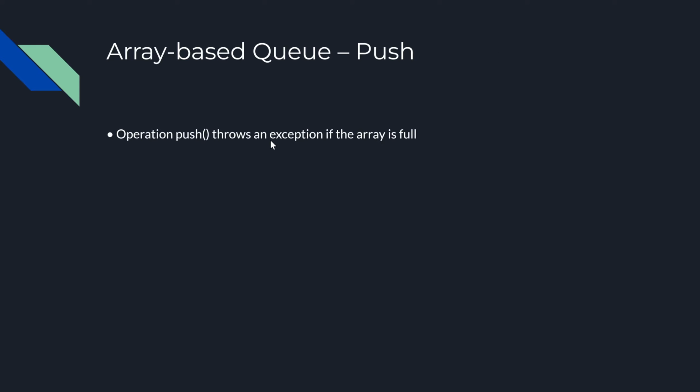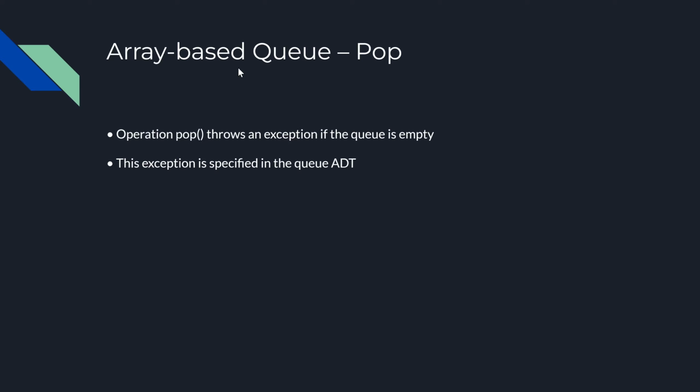Array-based queue, push. Operation push throws an exception if the array is full. Array-based queue, pop. Operation pop throws an exception if the queue is empty. This exception is specified in the queue ADT.